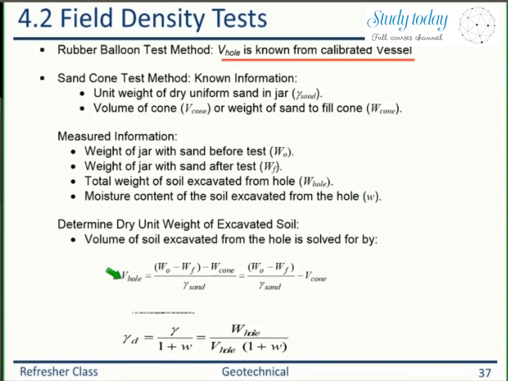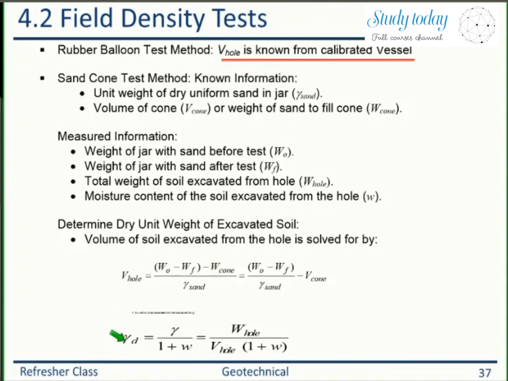With these values, the volume of the hole for the sand cone method is determined by either this or this. If your cone correction factor is given in terms of weight, you will use this equation. If it is given in terms of volume, you will use these equations to calculate the volume of the hole.